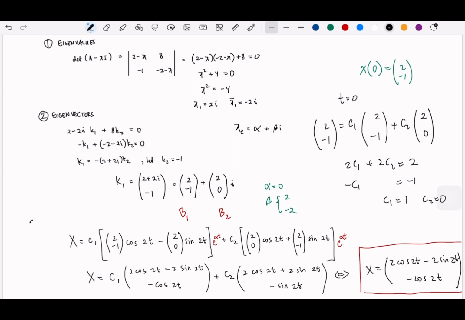So let me write here just to let you know which steps these are. This is going to be the complex general solution. The complex general solution is based on the alpha and beta from the complex eigenvalue.